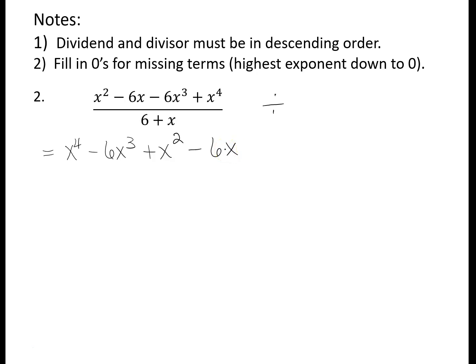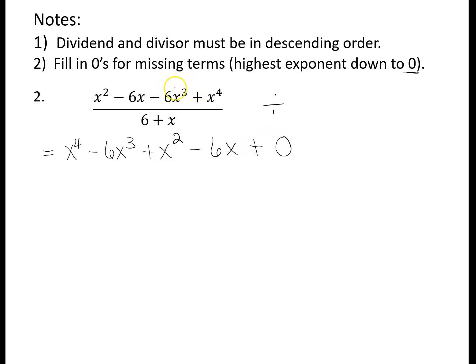Now, let's look at our exponents. They are 4, 3, 2, invisible 1, but there is no 0 exponent. There's no constant, in other words. And there has to be for a synthetic division to work. So highest exponent down to 0, then I need to go ahead and fill in a 0 for my constant.